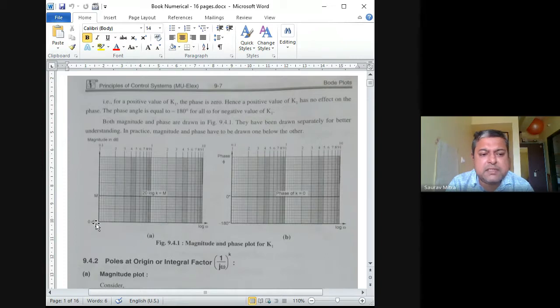They are saying this left corner is the origin, and the right side is log omega. Semilog means the x-axis is logarithmic and the y-axis is in dB, so it is linear. Whenever it is for 20 log k, they are saying m dB, where k is a constant. This graph is showing at the top.